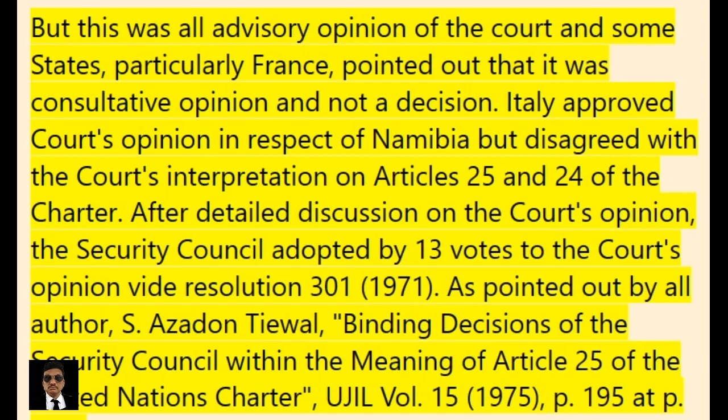As pointed out by author S. Azadon Tool, binding decisions of the Security Council within the meaning of Article 25 of the United Nations Charter, UJIL Volume 15, 1975, p. 195 at p. 213.